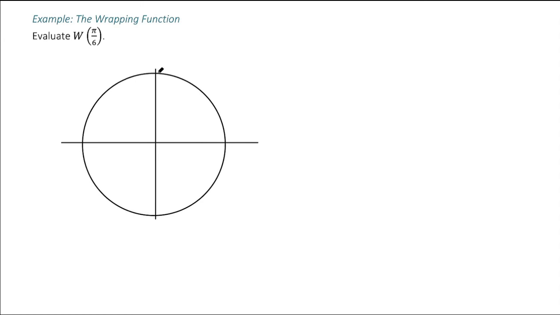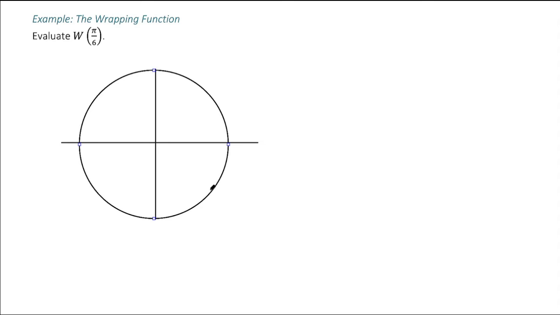Let's go ahead and look at an example. We want to evaluate the wrapping function of pi over 6. And really all that is saying is, again, let me draw a picture here. We have the unit circle, and the wrapping function takes a number and sends it to a point on the unit circle.